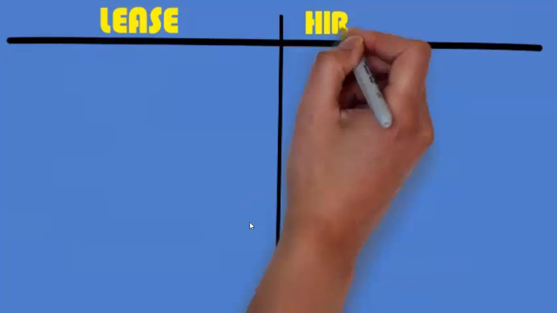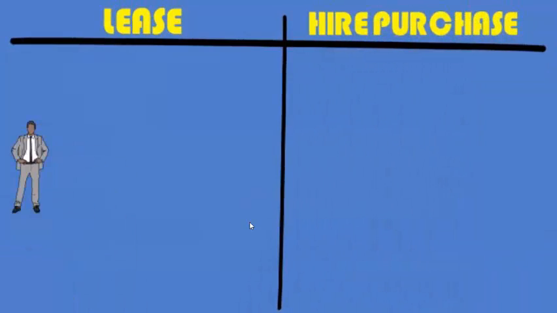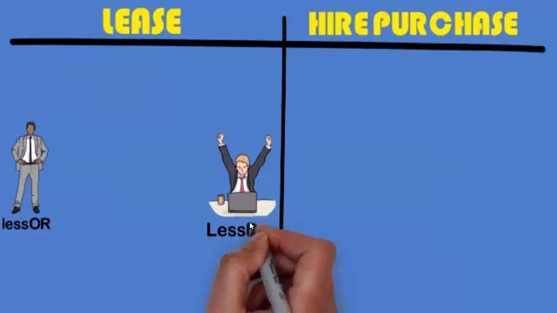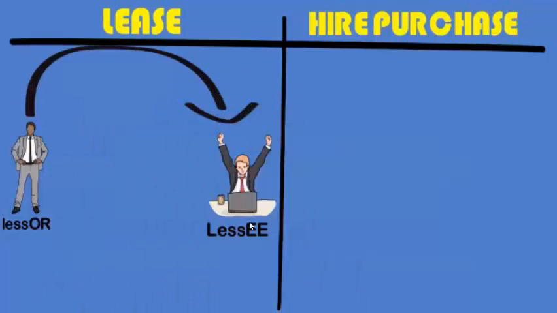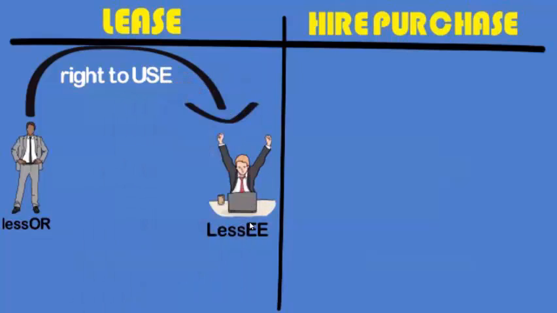So what happens in lease is that ownership does not get transferred, it is only the use, whereas in hire purchase the ownership gets transferred.